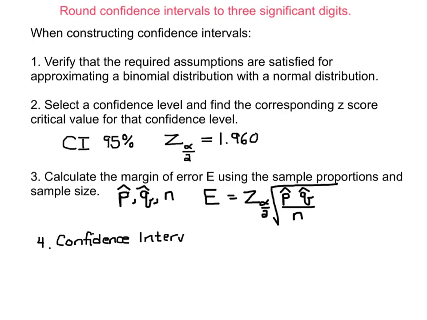The confidence interval is going to be p hat, whatever p hat is from our sample, plus or minus our margin of error. That's our confidence interval. And keep in mind that when doing this, we have to round the confidence interval to 3 significant digits. That's 3 digits after the decimal point.